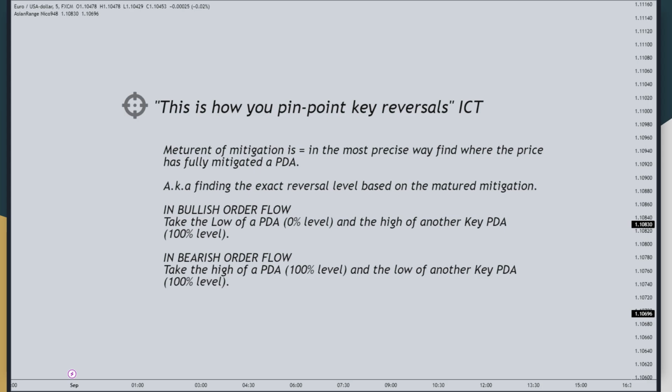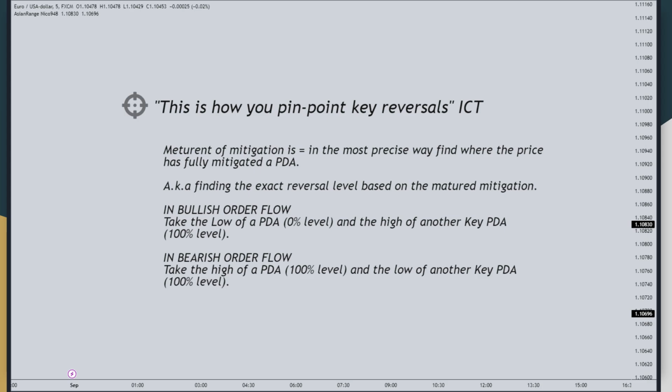Otherwise you may not get a fill. That has happened to me multiple times, and that's why I'm not always getting that precision. You could do that, however then your systematic approach will change, and it will impact the amount of fills you're getting, because this is super precise.